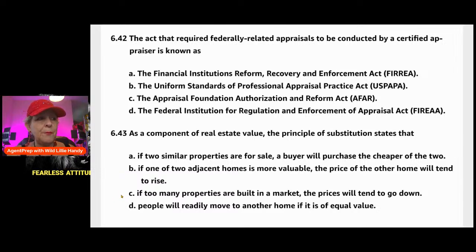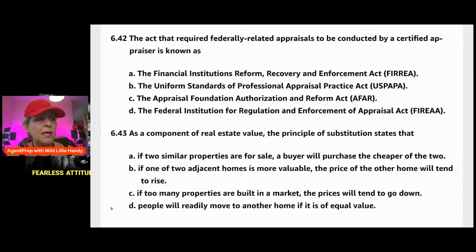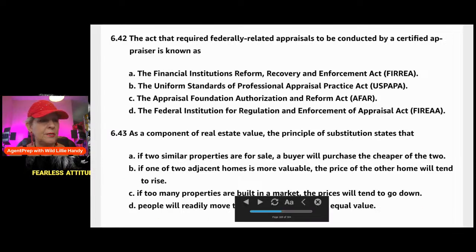C, if too many properties are built in a market, the price will tend to go down. D, people will readily move to another home if it is of equal value. So the principle of substitution states that, which is it, A, B, C, or D?